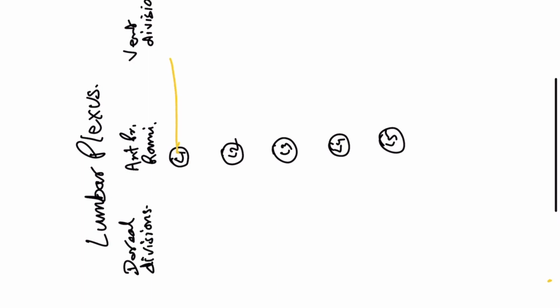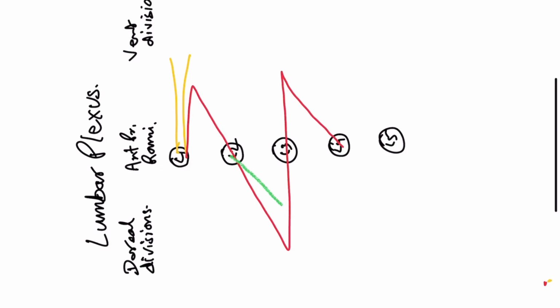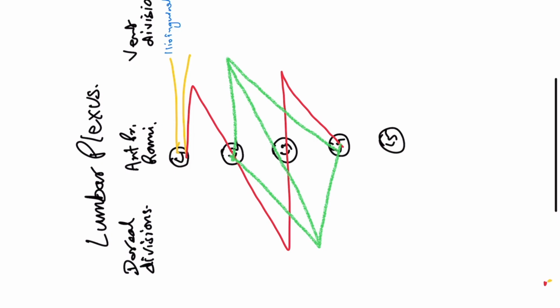From L1 you can draw two nerves like this, then you can draw another image like this, and now you can draw like this. So L1 ventral division, this is ilioinguinal nerve. L1 ventral division is iliohypogastric nerve. L1 L2 ventral division is genitofemoral nerve.